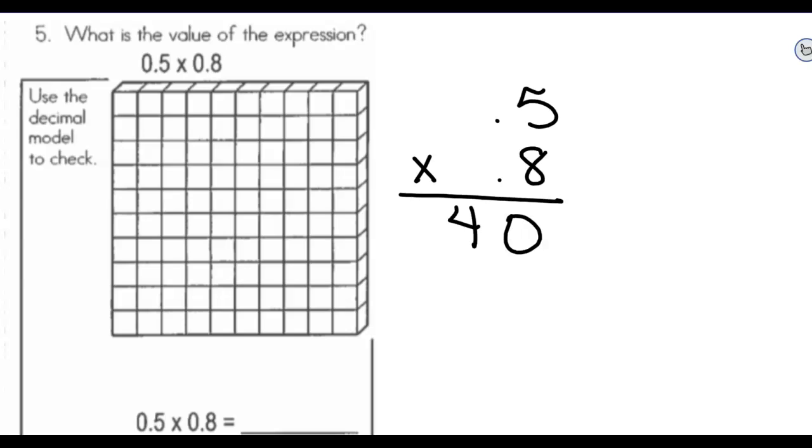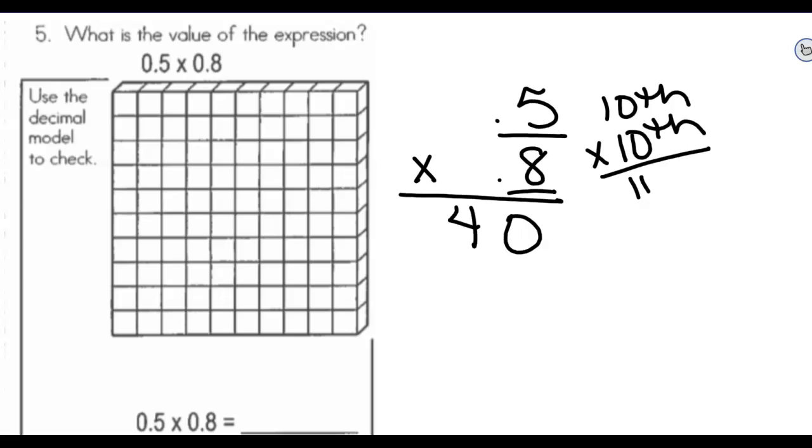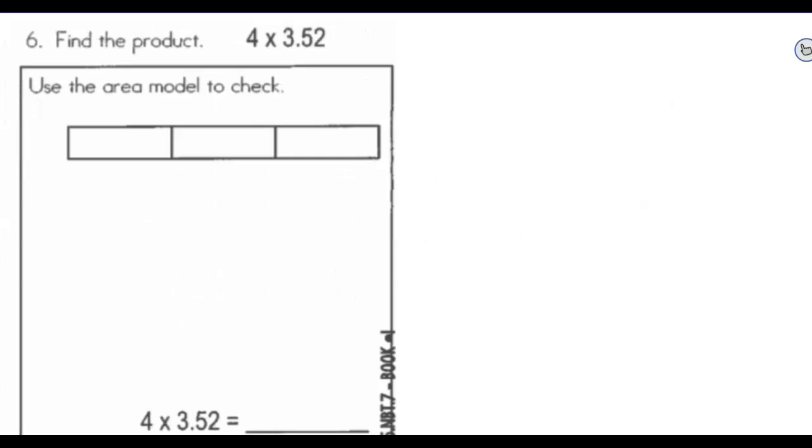And so then I look at here, and I have a tenth times the smallest place value here, which is a tenth. That leaves me with 100. So in my answer, I need to show 100. I could look at this as 40 hundredths, or I can look at it as 4 tenths. That is equivalent and equal.